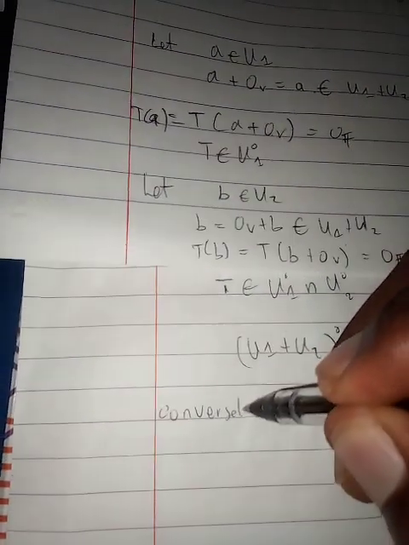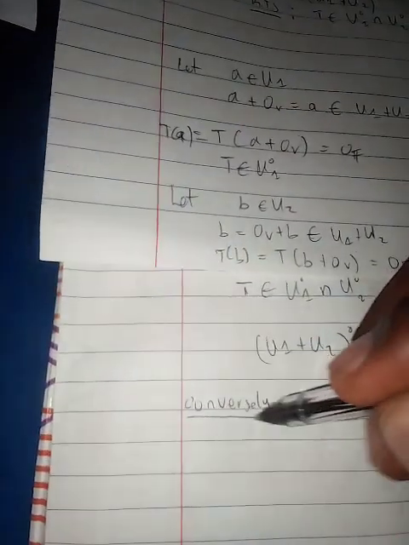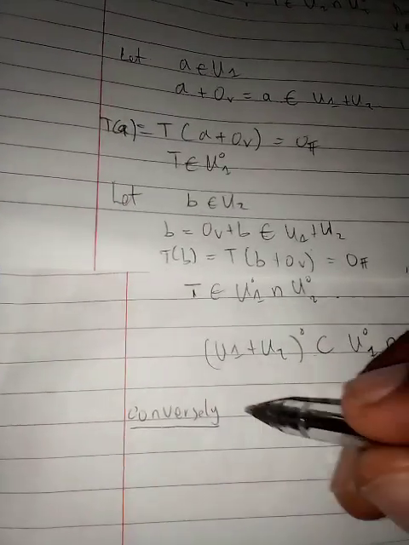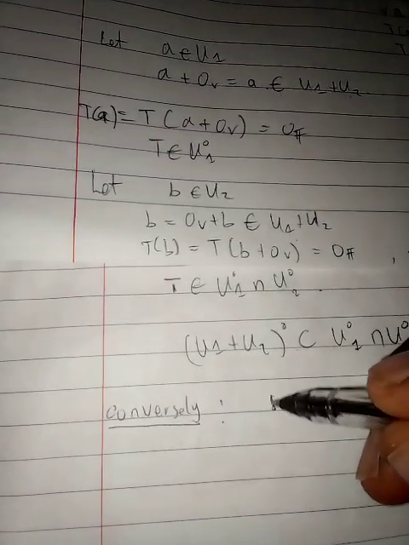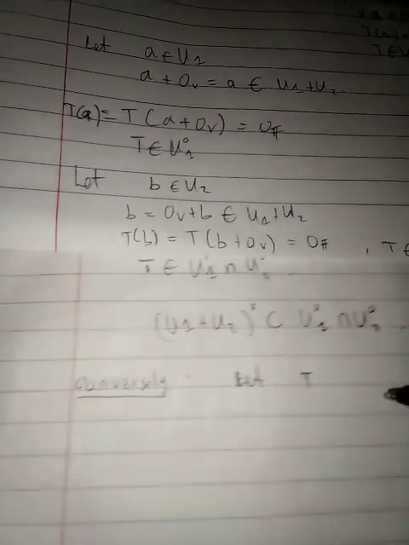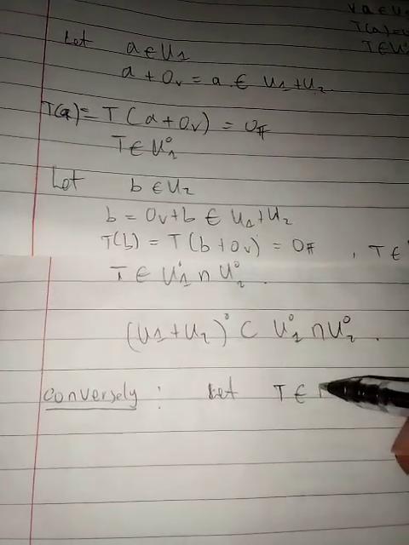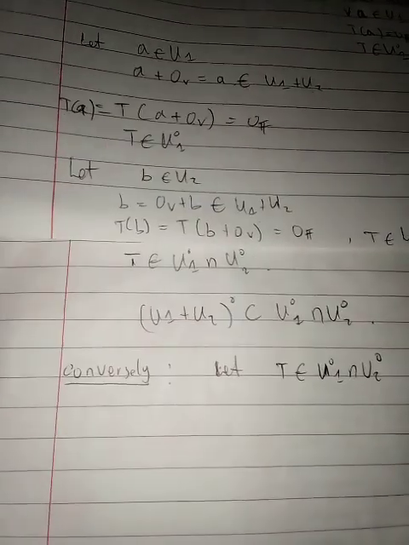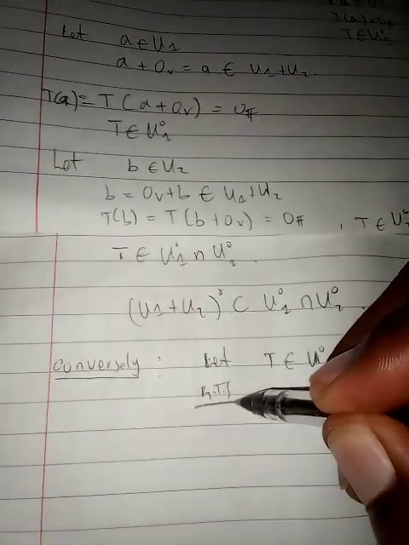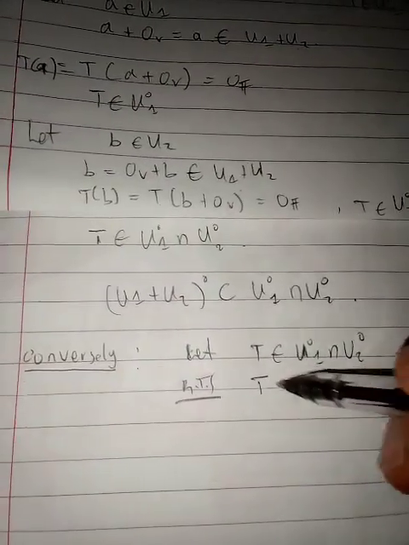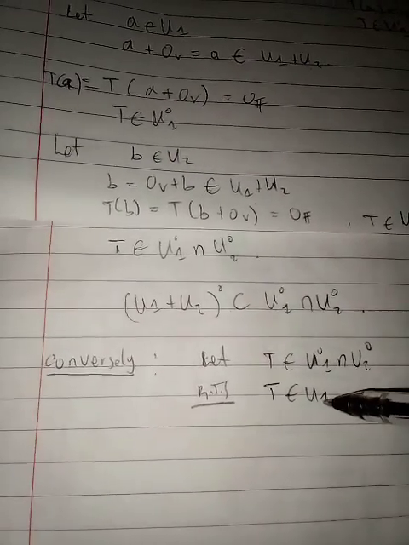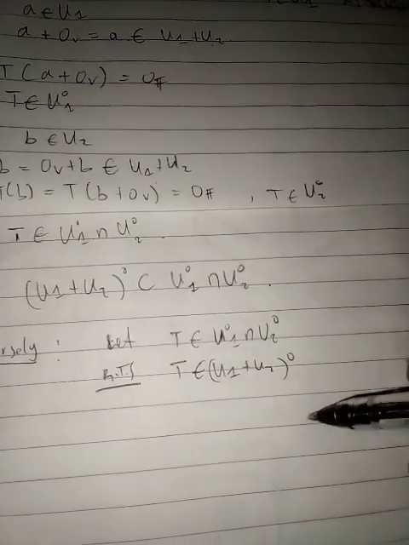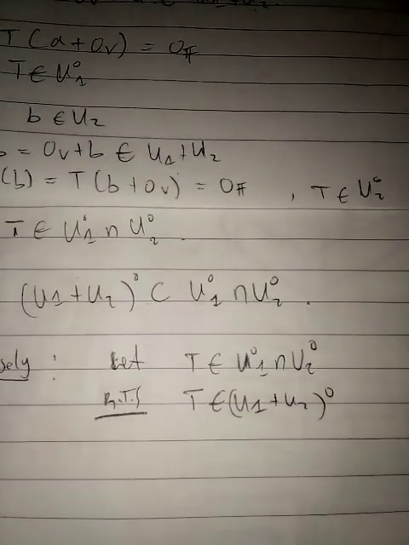So conversely, we let t be an element of the annihilator of u1 intersection the annihilator of u2. We are required to show here that t is an element of the u1 plus u2 annihilator, right? But what does it mean?